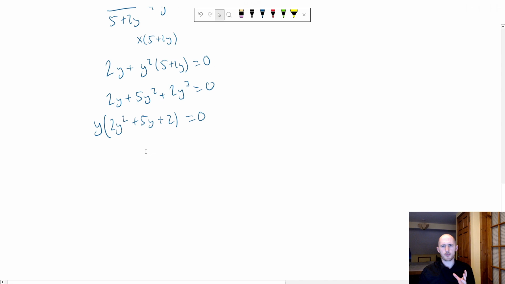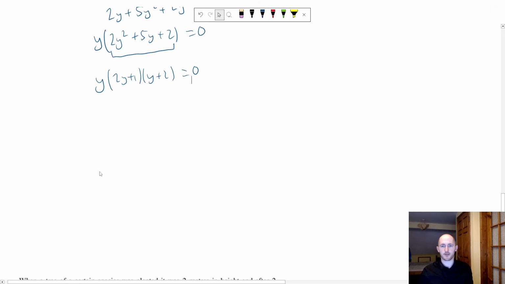I've shown you a couple of times how to work out the answers to quadratics. This is just a quadratic that we can solve using a calculator, but if you didn't know to do that, you could just factorize, and that would give you 2y plus 1 and y plus 2 equals 0. So now we have 3 separate solutions.